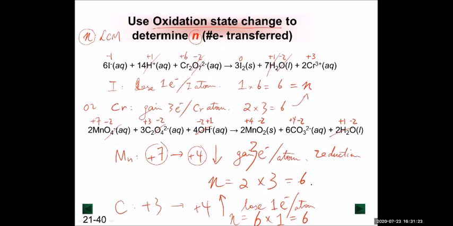Either way, by using the oxidation number change and counting the number of atoms involved, we can find the number of electrons transferred in this reaction. It so happens that both reactions have 6 electrons, but these are completely different reactions.